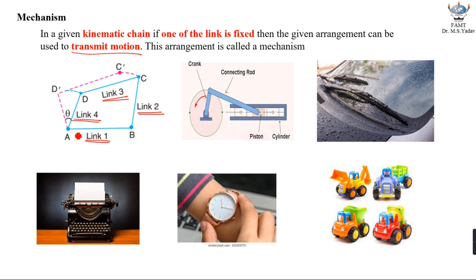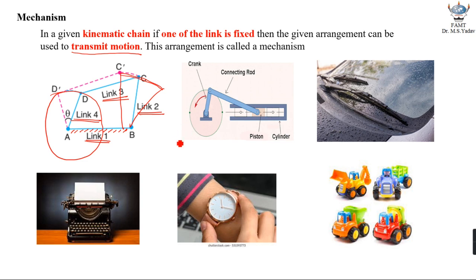In this kinematic chain, if I fix link number 1, then it is possible for link number 4 to have a complete rotary motion, and that can be transferred to oscillatory motion of link number 2 via link number 3. So this configuration is called a mechanism.